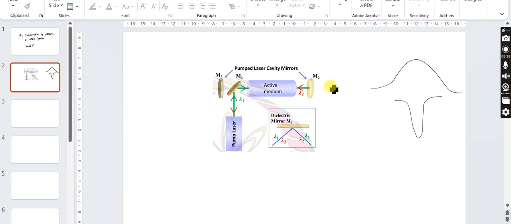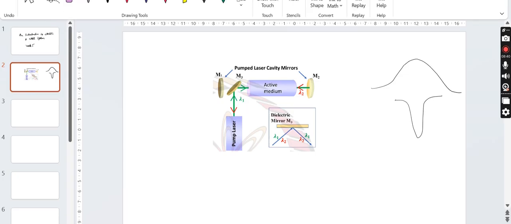So if we use a laser for the gain media, it can provide very strong light which can excite the molecules or species. There are different kinds of lasers.